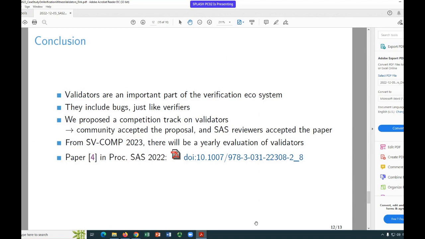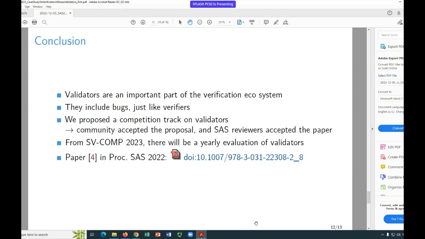Now, if it happens that, for example, I submit a verifier to the competition, and I get the result back, and I don't agree that the result of my verifier is deemed incorrect, and I get minus 16 or minus 32 points, right?